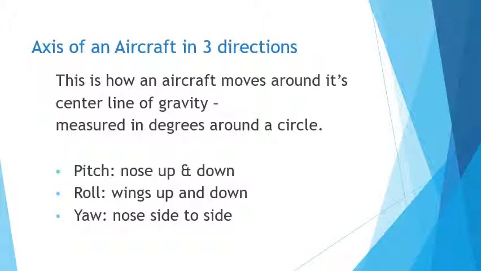Another movement is called roll, where the wings move up and down, which helps the aircraft bank and turn. It's a common type of turn you might find in a roller coaster. And another turn is called yaw, where the nose swings horizontally back and forth to change which way the front is facing.